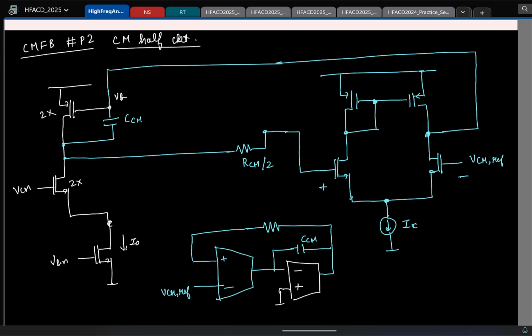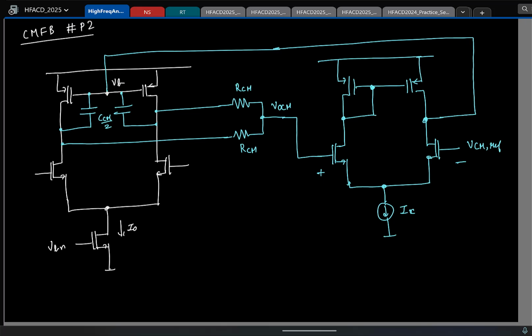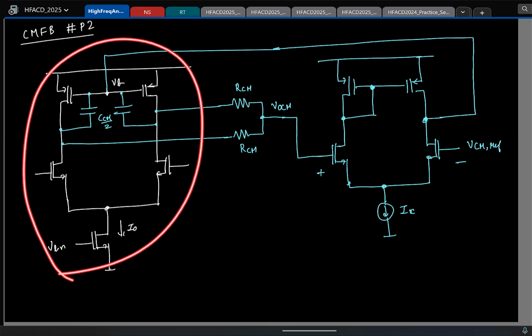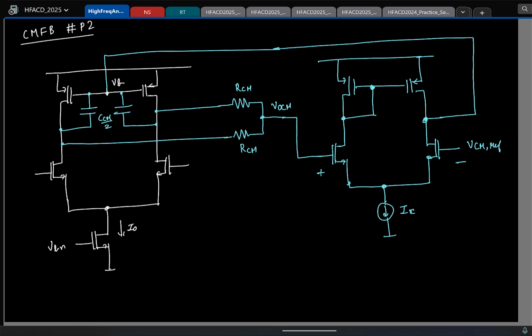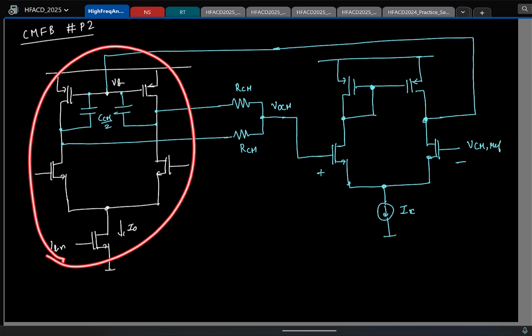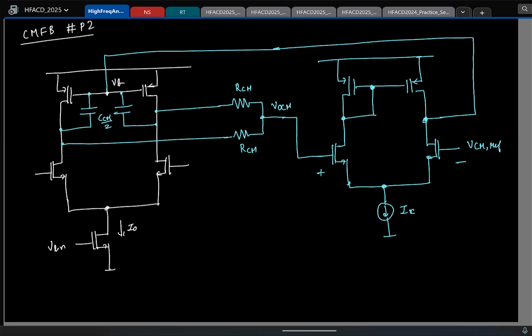Only for the common mode signals is this like a 2-stage OTA, but for differential mode signals, you only have this part active. This is the main differential amplifier, a single stage amplifier. To set its output common mode, we require an additional amplifier, which is active and participating only for common mode signals. So only for common mode signals, we have this 2-stage behavior.